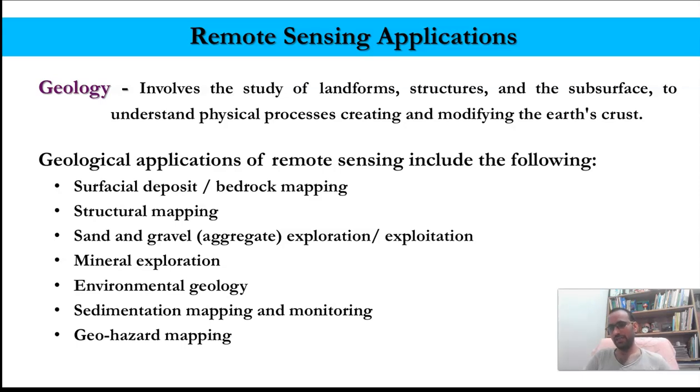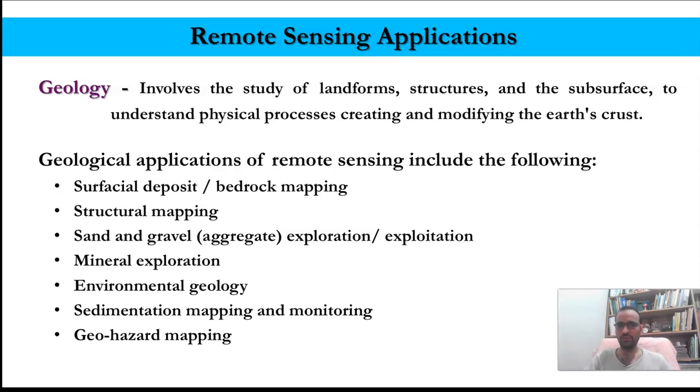Okay, because satellite data can cover the earth surface, so we can find the different kinds of changes, how different physical processes take place on the earth surface with time.